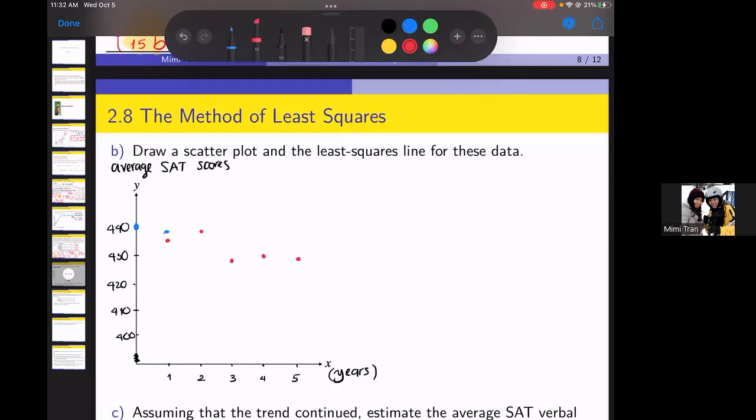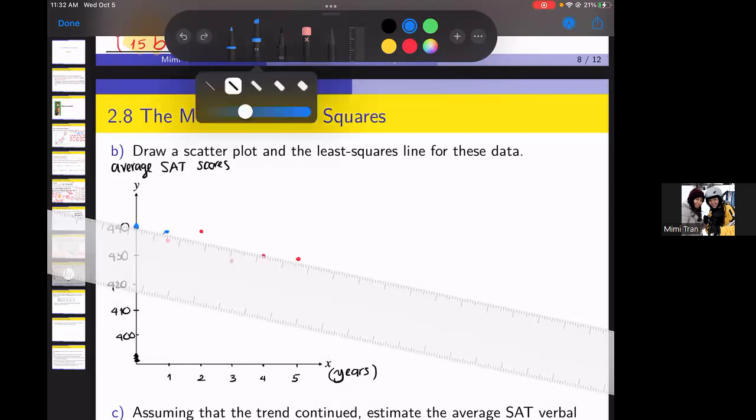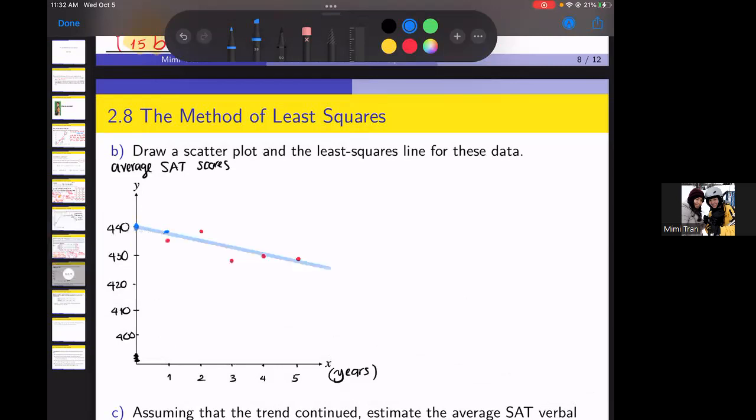So it looks like this. So, downward trend.